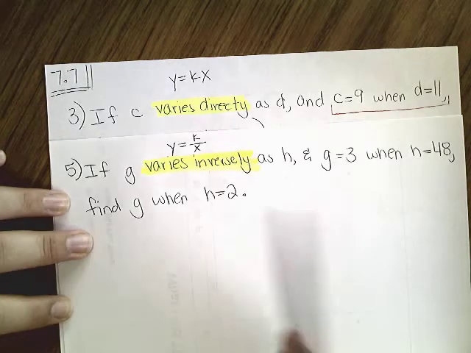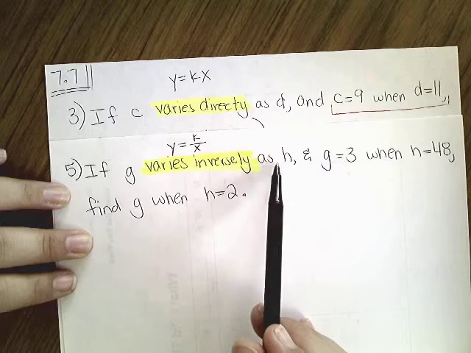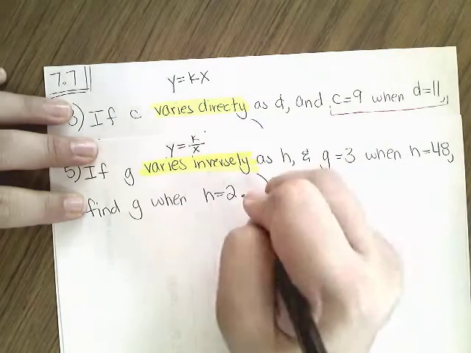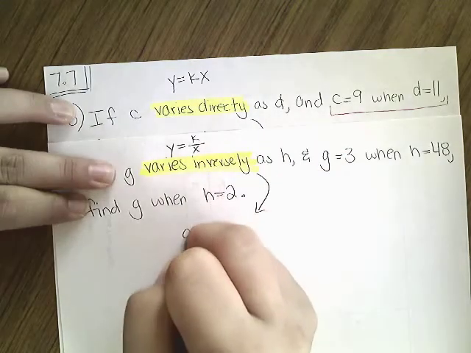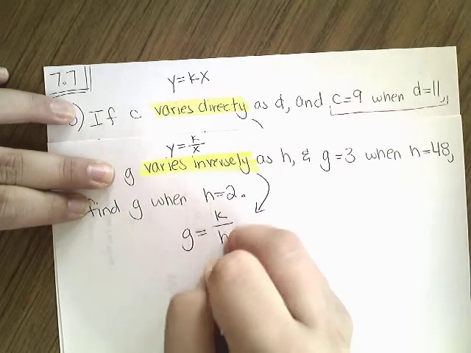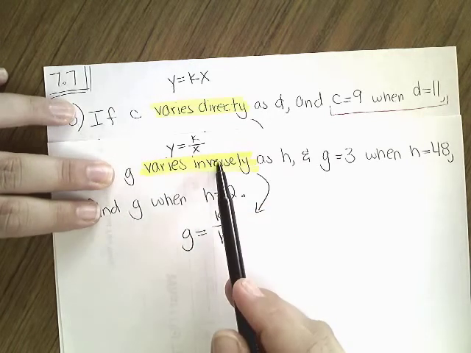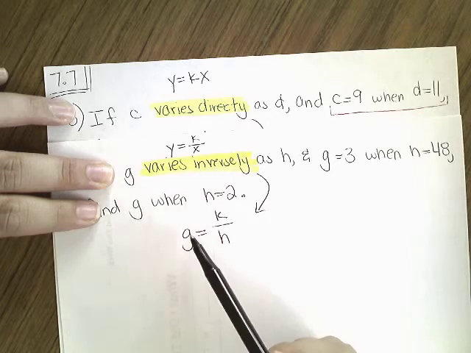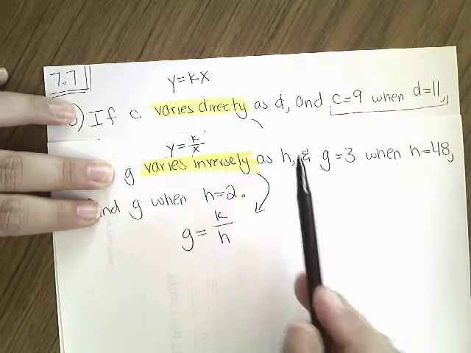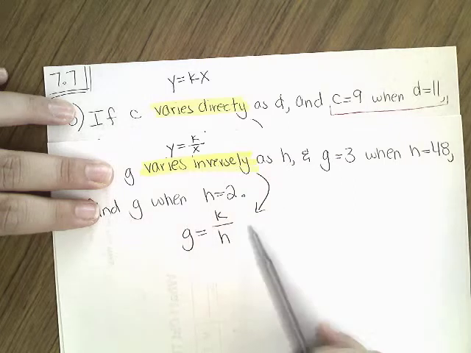And again, we don't have x and y in our problem. We have g and h. So that means that we're going to use the equation g equals k over h, right? The first variable that varies inversely is what we're solving for, y, and the second variable is our independent variable. So here we have our h.